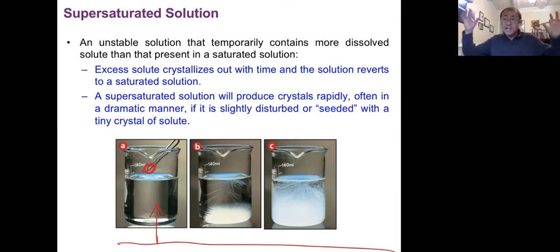Boom, right away, the extra comes out. You will see a solution like this. So basically, a supersaturated solution will go back to saturated if disturbed. That's what we call the unstable state. Does it make sense, guys? You won't see that often, but it does exist, supersaturated.